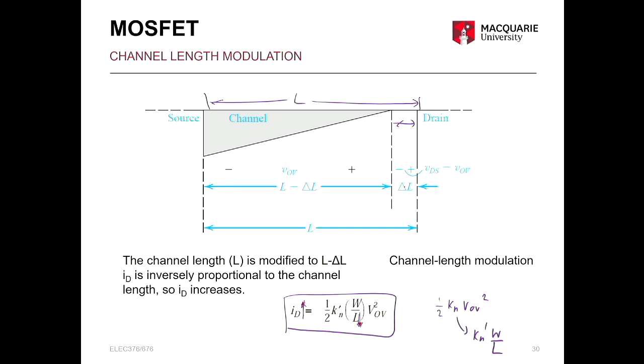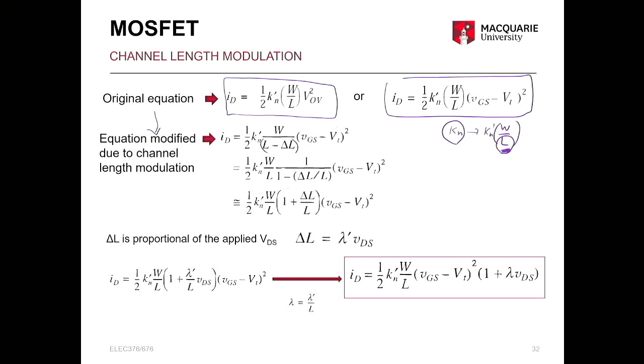And now it receded delta L towards the source. So you put L minus delta L as the final length here, and if you take the L term outside, you get 1 divided by 1 minus delta L divided by L.